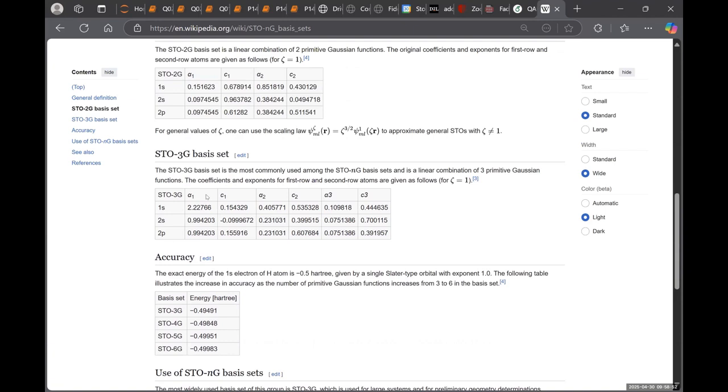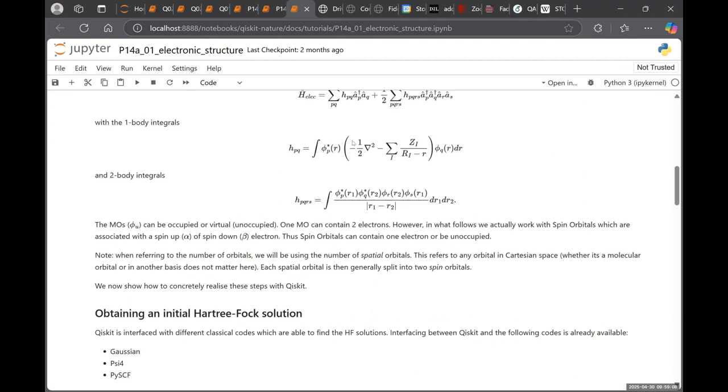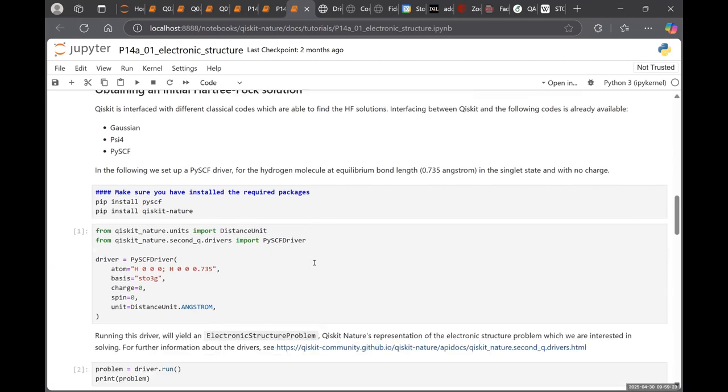I think it's because it's using Gaussians and Gaussian integrals. If you use real coefficients, this will not give you anything complex because all these are real.